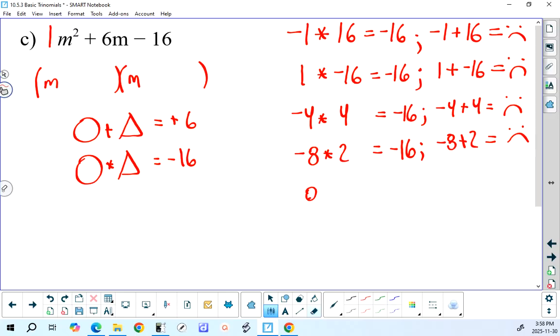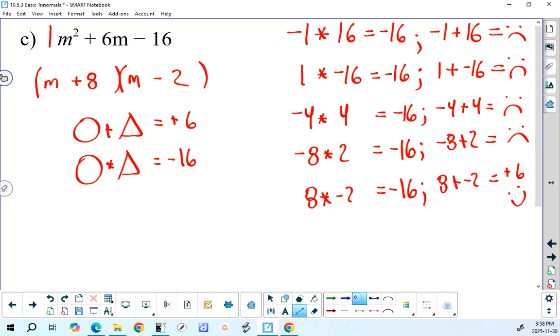However, 8 multiplied by negative 2 gives you the negative 16, and 8 plus negative 2 gives you 6, which makes us happy, which means the numbers are 8 and negative 2, so m plus 8 and m minus 2. We don't need to check that. If you want to FOIL it out and confirm that it works, that's fine. A final comment on this question before we go on.